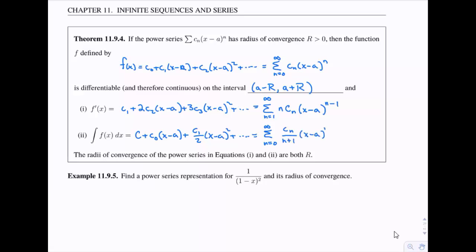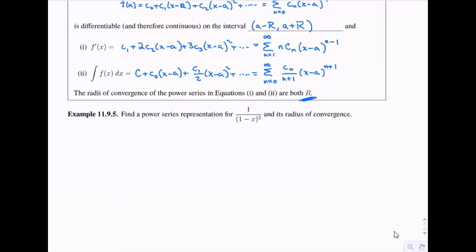So when I integrate polynomials, I have this n plus 1 on the bottom, and then I raise it to the n plus first power. C sub n's constant, that's still there, and we have my x minus a. My base stays the same. So this is going to be the sum from n equals 0 of c sub n over n plus 1 times x minus a to the n plus 1. And the radius of convergence stays the same. So that's very interesting. Okay, so let's go ahead and try this.